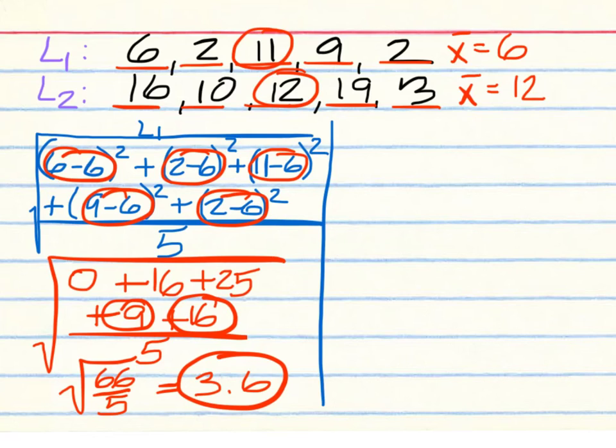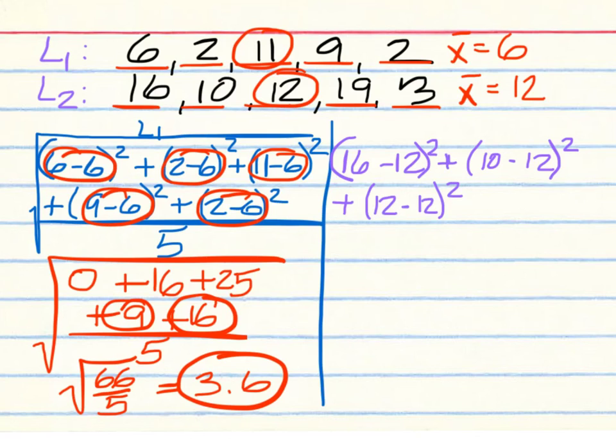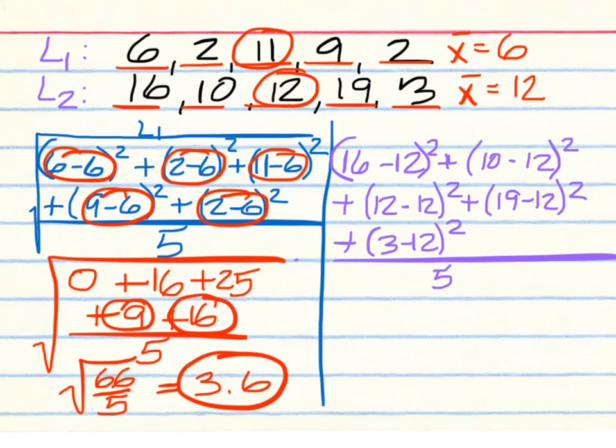Standard deviation for list 2, we're going to have 16 minus 12, square it. 10 minus 12, square it. 12 minus 12, square that. 19 minus 12, square it. And 3 minus 12, square that. That has 5 numbers in the list, and the square root.